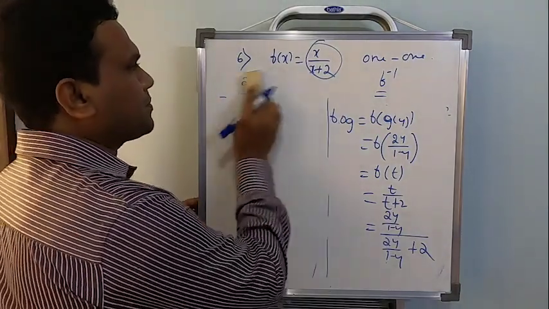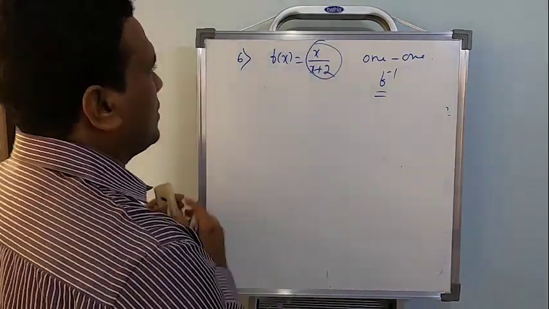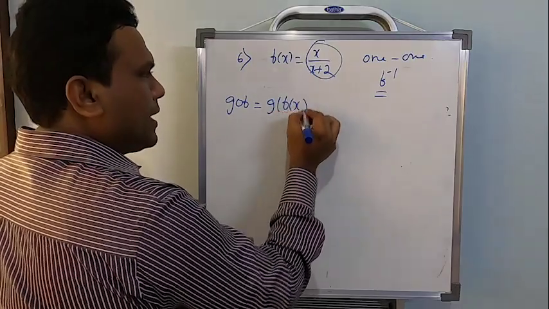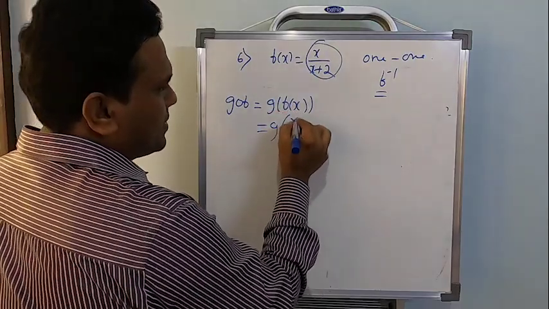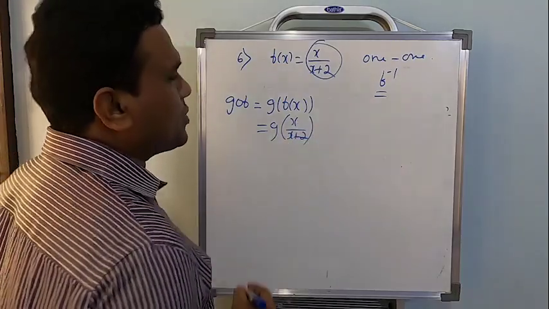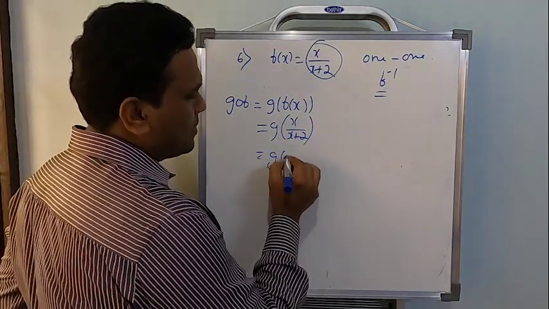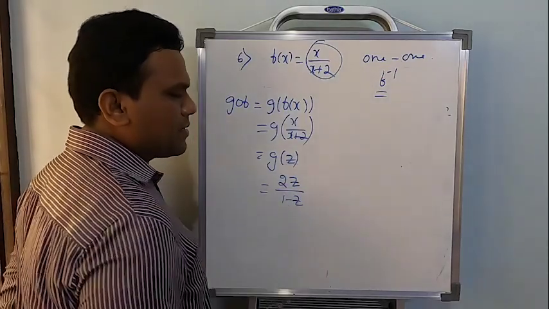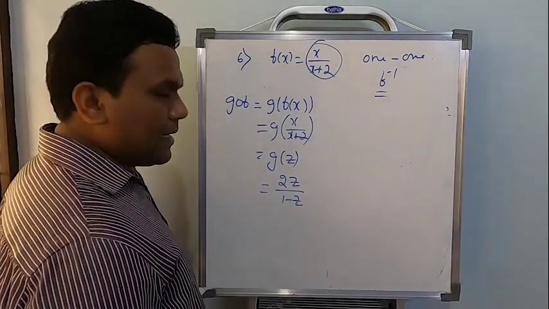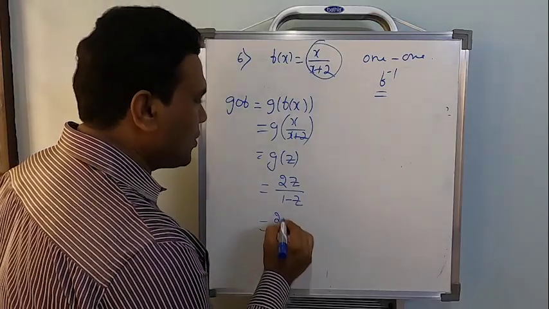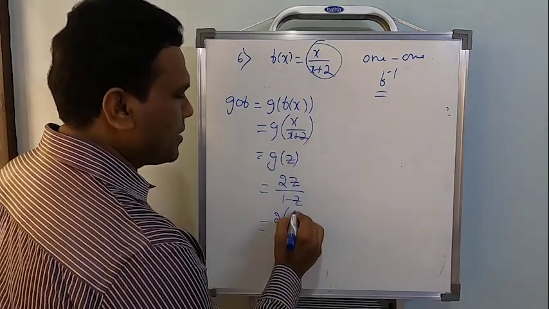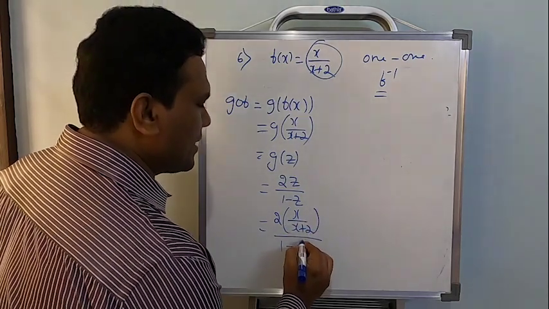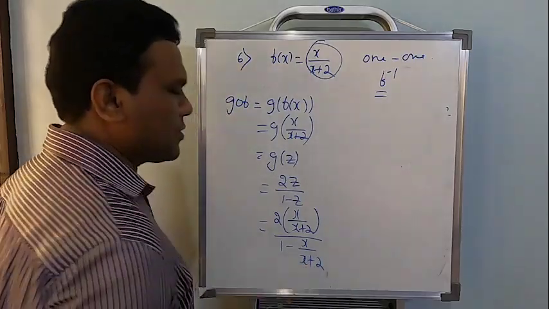The next one is g of f. So g of f of x, where f of x is x by x plus 2, can be written as g of z, 2z by 1 minus z. Correct, right? Then let us simplify it further by substituting the z value. What is z value? Z value was x by x plus 2, and in the denominator 1 minus x by x plus 2.